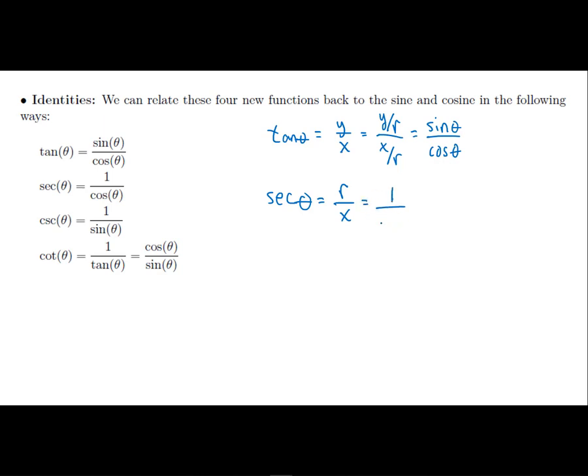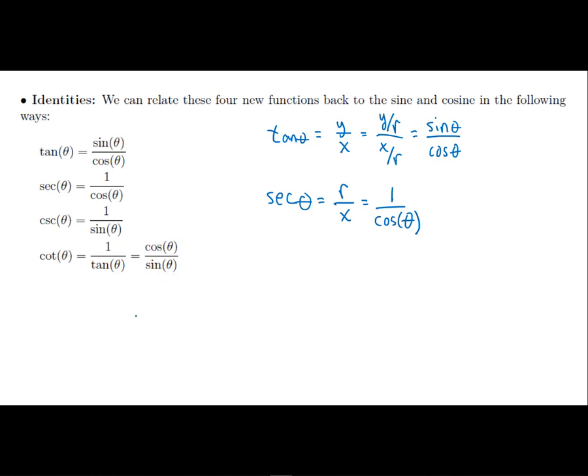And x over r we know is the cosine of theta, so the reciprocal would be 1 over the cosine of theta. And a similar derivation, of course, shows that the cosecant of theta is 1 over sine of theta, and that the cotangent of theta is, on the one hand, the reciprocal of tangent of theta, but on the other hand, we could say then it's the cosine of theta divided by the sine of theta.